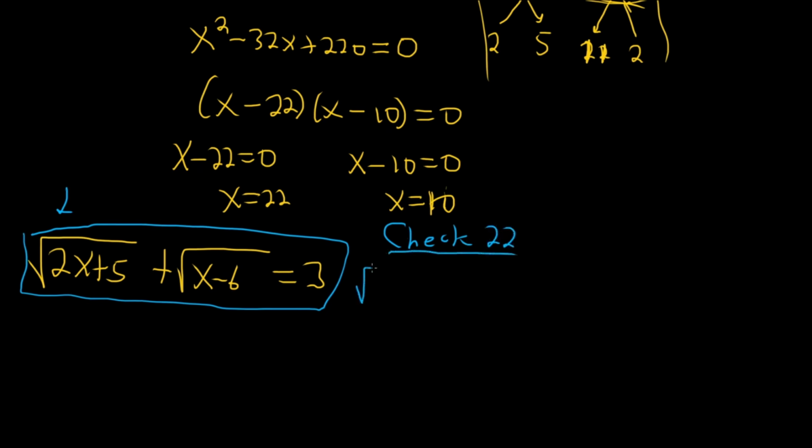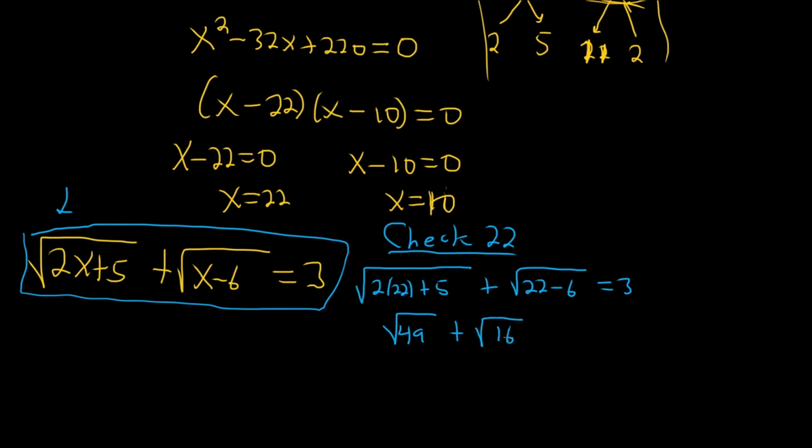So we have the square root of 2 times 22 plus 5, plus the square root of 22 minus 6, and that should be equal to 3. 2 times 22 is 44, plus 5 is 49, skipping some steps here, plus the square root of 22 minus 6, which is 16, and that should be equal to 3. 7 plus 4 is equal to 3. 11 is equal to 3. No, that's definitely not correct. So no good.